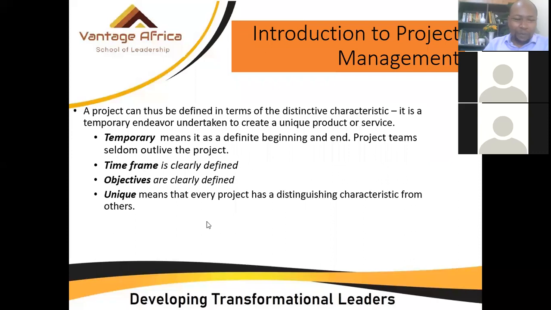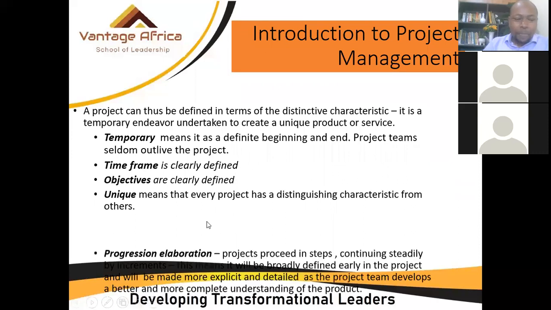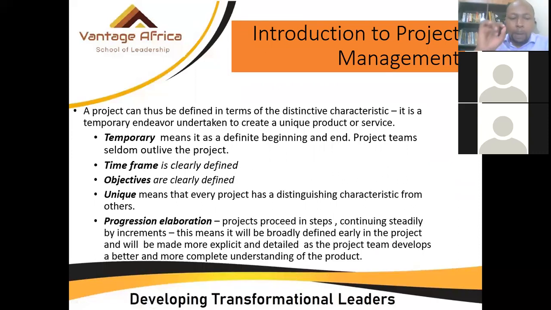Yeah, keep trying. Now, there's also something called progressive elaboration when it comes to projects. Projects proceed in steps, continuing steadily by increments. This means that it will be broadly defined early in the project and will be made more explicit and detailed as the project team develops a better and more complete understanding of the project.